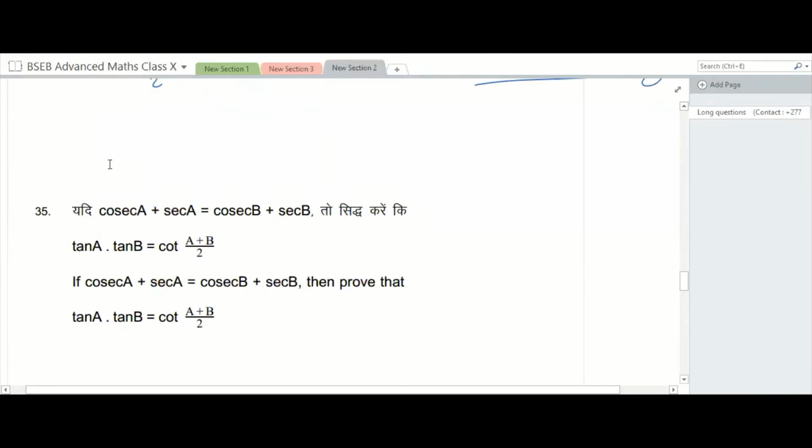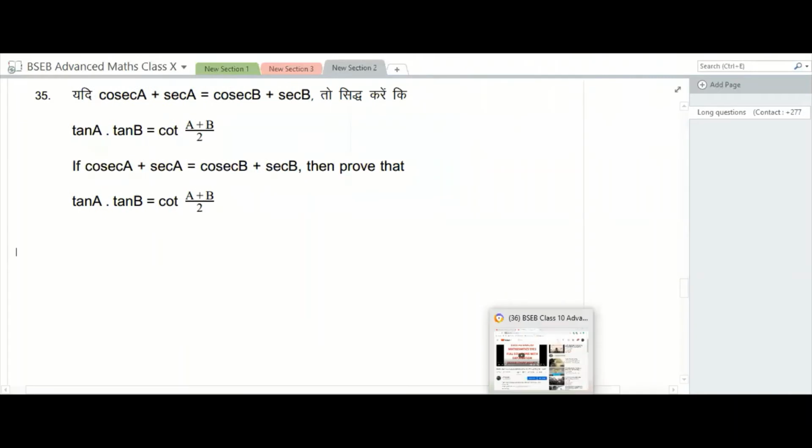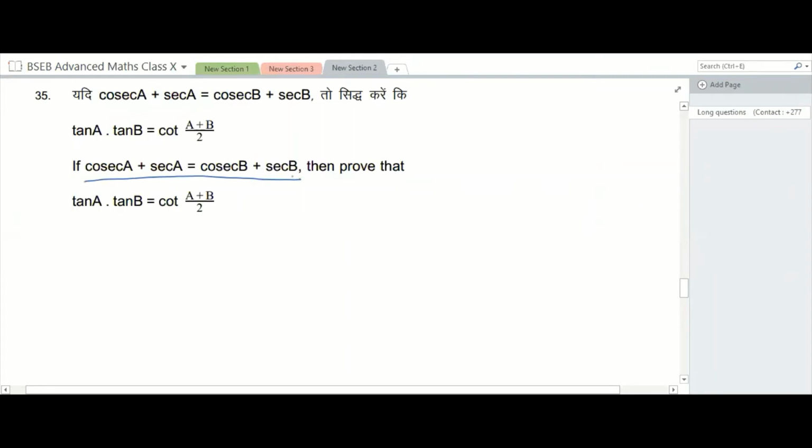Question number 35. We want to find, if cosec A plus sec A equals cosec B plus sec B, then prove that tan A tan B equals cot of A plus B over 2. To prove this, let us start with this, then prove.